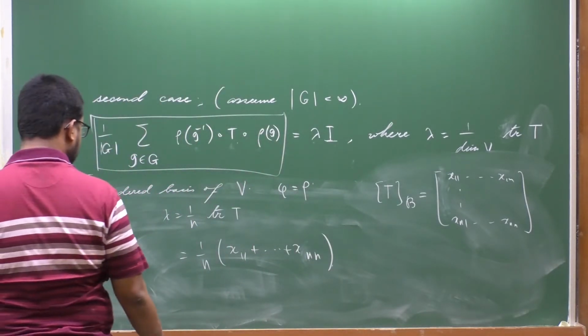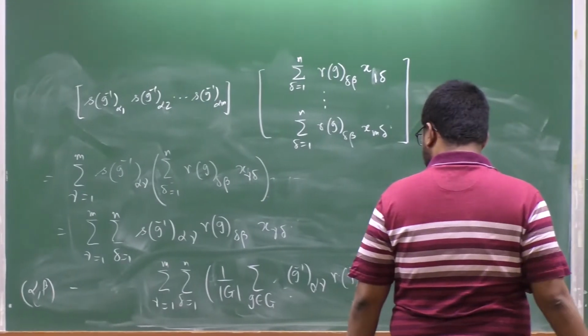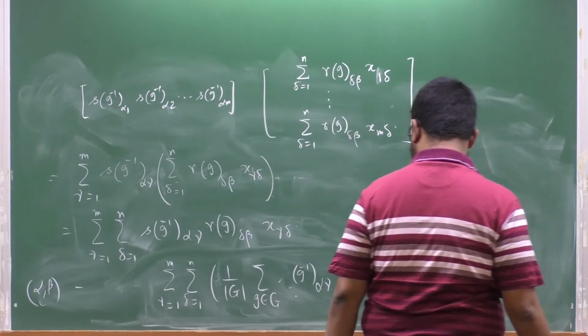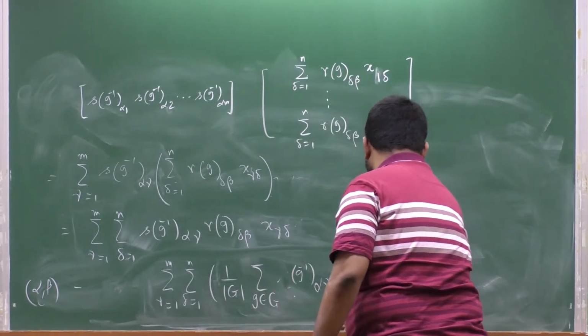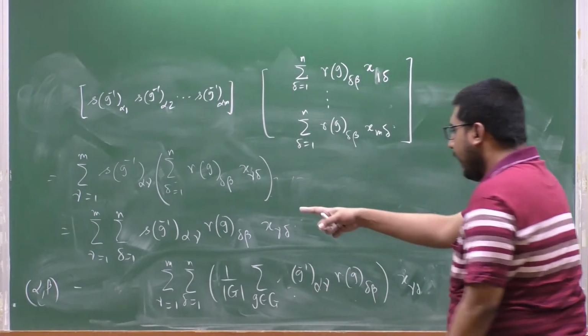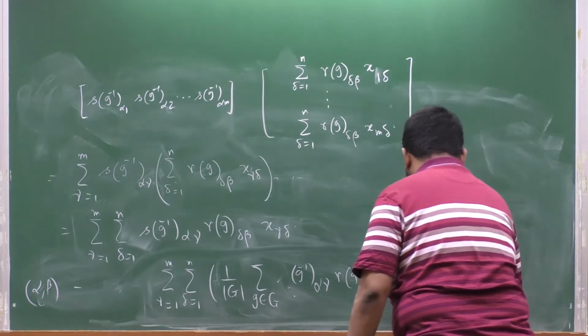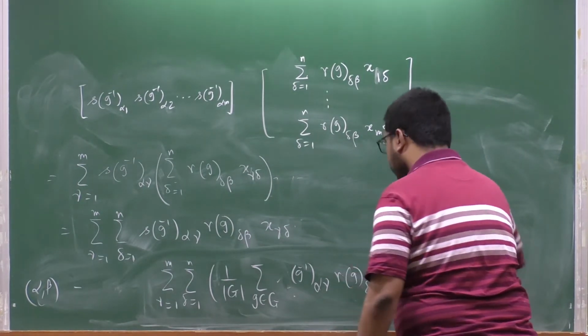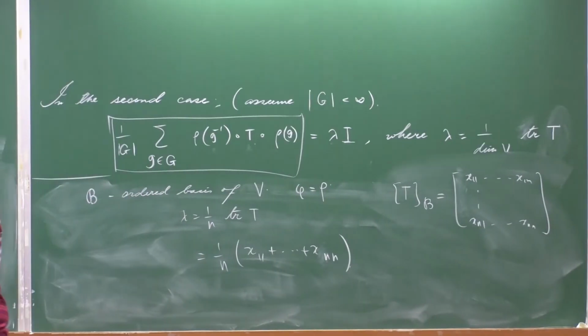Therefore, this is the alpha beta coefficient. Now what we obtain from here is, if alpha not equal to beta, since this is a diagonal matrix, certainly this will be 0.